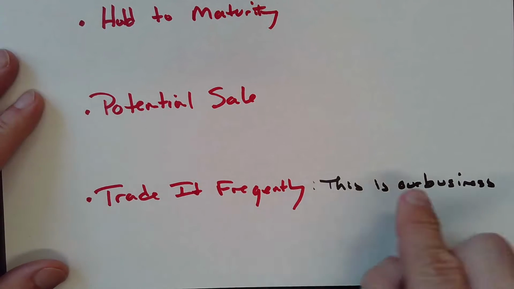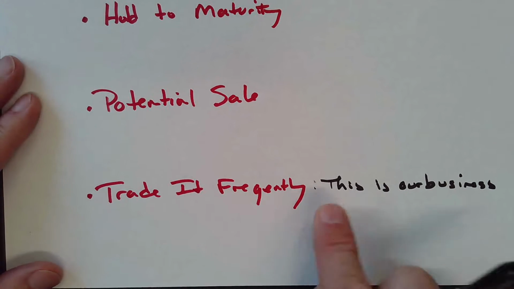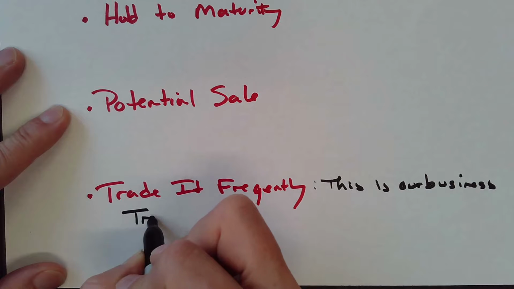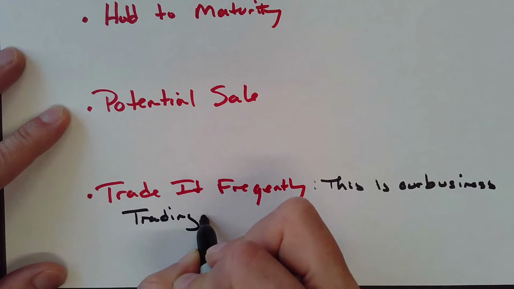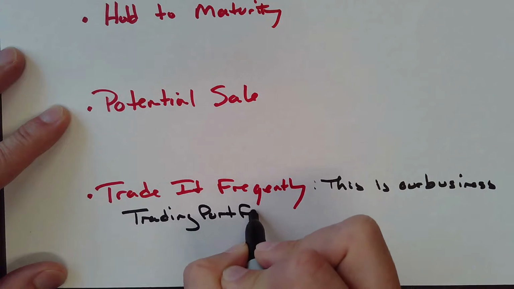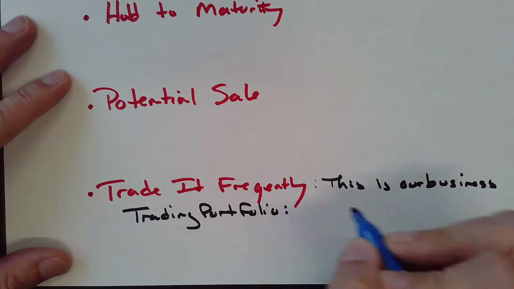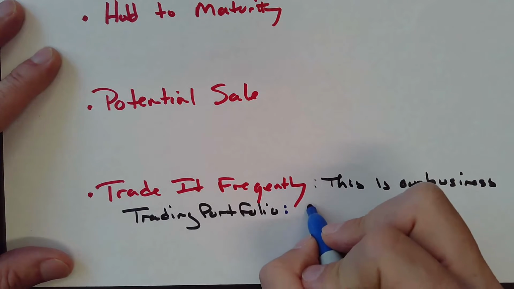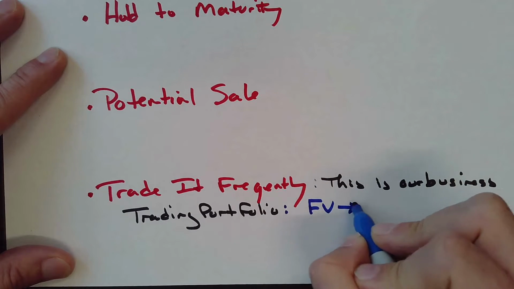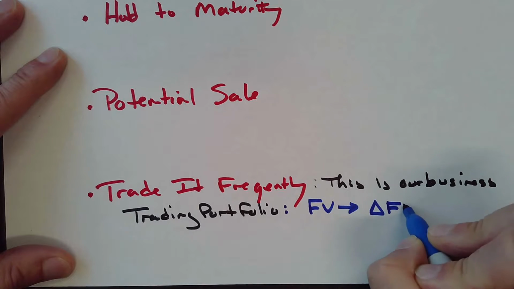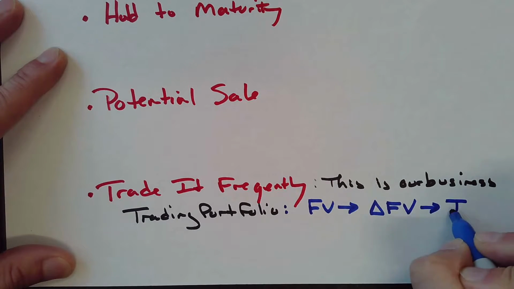And so when you have what they refer to as a trading portfolio approach to owning debt securities, then the accounting is simply everything's at fair value, and changes in fair value go to the income statement.